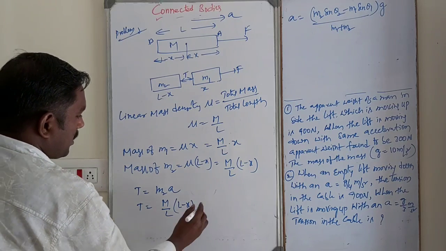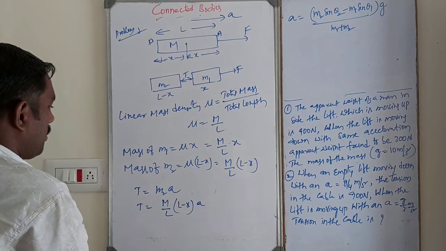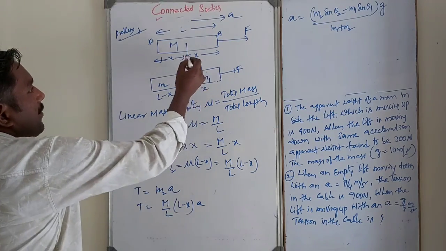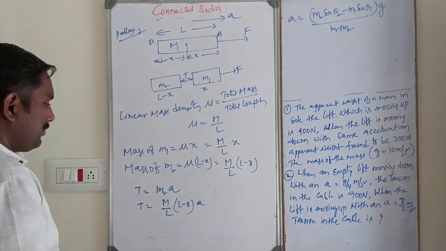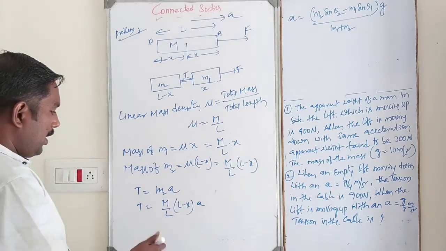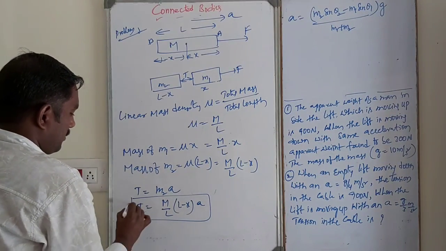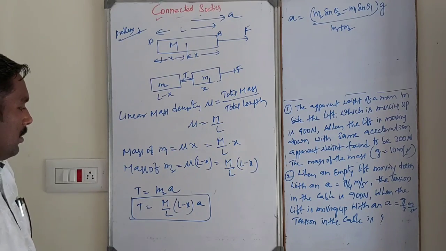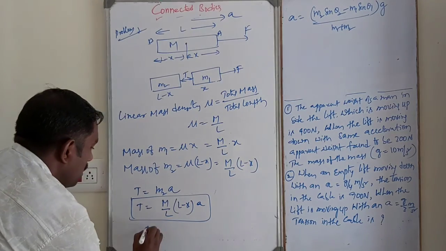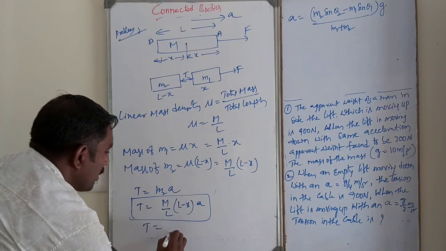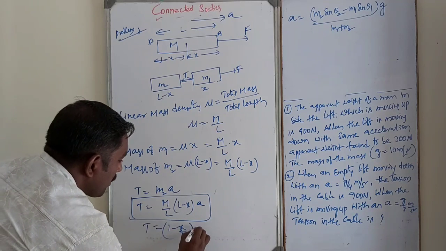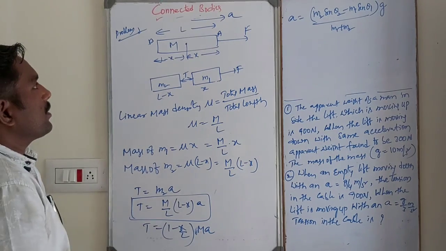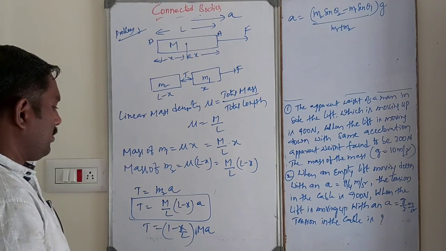So T is equal to M by L, (L minus x), into A. Okay, so this is the tension acting at a distance of x from end A. Or T is equal to (1 minus x by L) into M, into A, where A is the acceleration of the system.